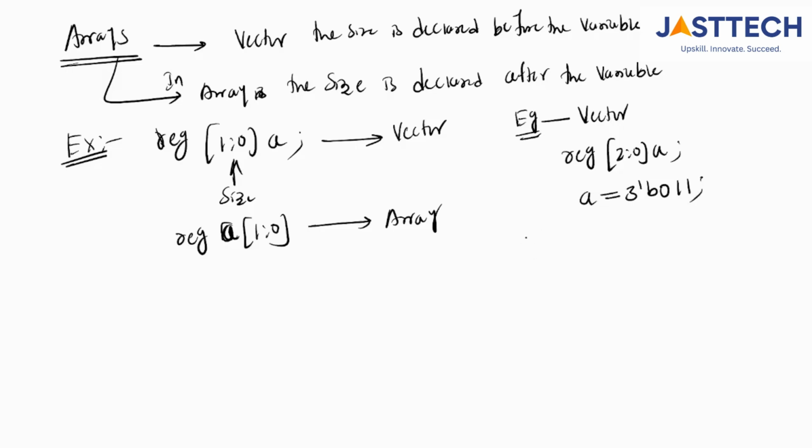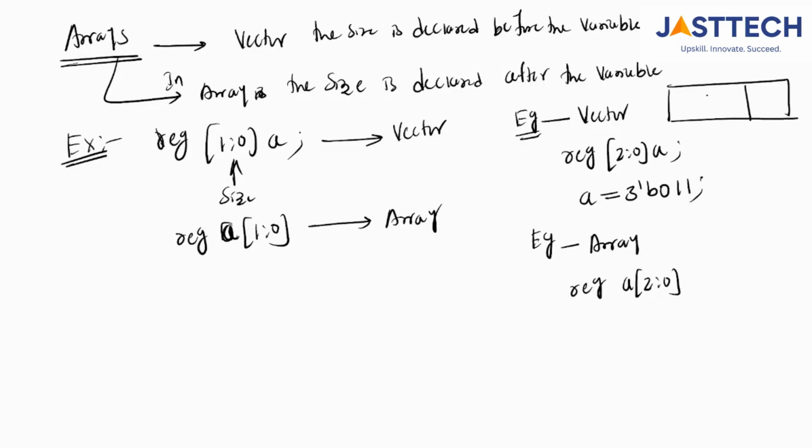Example for array: reg a 2 down to 0. Normally, a vector stores horizontally.